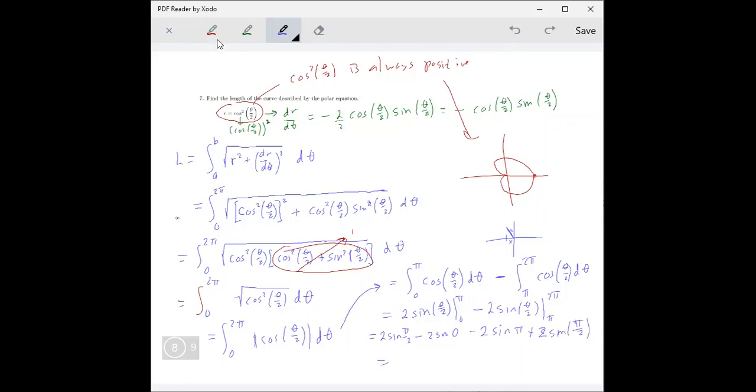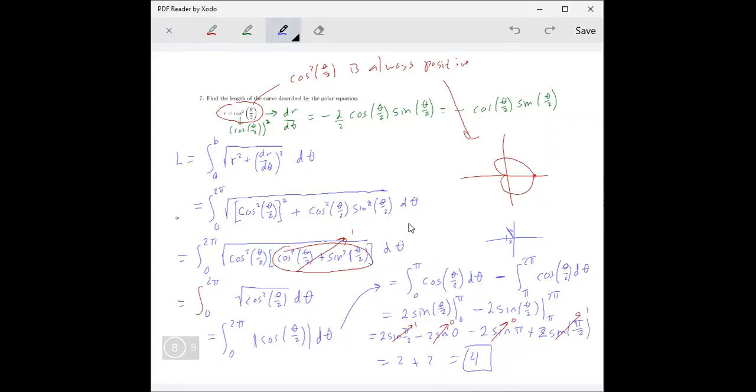Then these are both going to be 0, and this is 1, and that's 1. So the answer is 2 plus 2, or 4. 4 should be the answer. So that should give you the answer for that exercise.